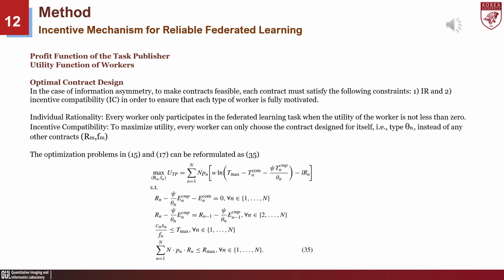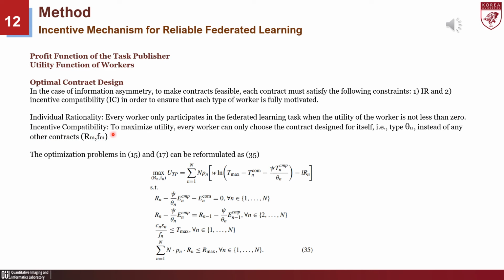To optimize the profit function of the task publisher and the utility function of workers, we need to define the optimal contract design. In the case of information asymmetry, to make the contracts feasible, each contract must satisfy the following constraints: individual rationality and incentive compatibility. In order to ensure that a type-θn worker is fully motivated, individual rationality means every worker only participates in the federated learning task when the utility of the worker is not less than 0.